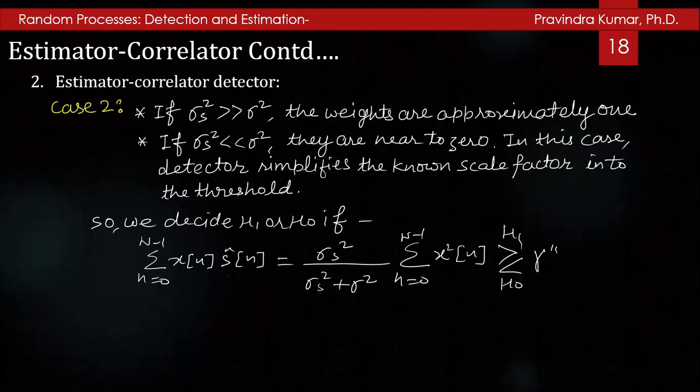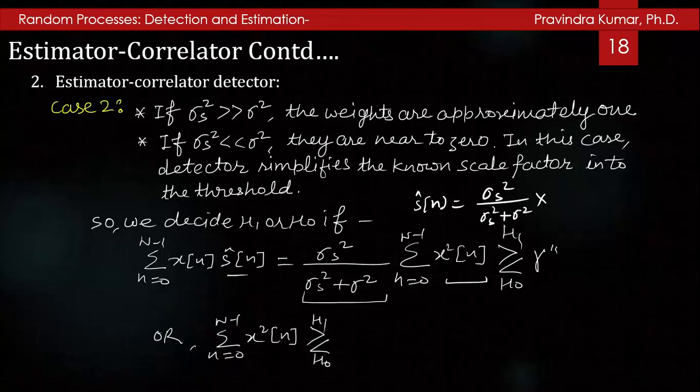Here, from the previous slide, you know S cap n is sigma S square by sigma S square plus sigma square into x. That's why we have written it in the form of sigma S square by sigma S square plus sigma square times the summation n from 0 to n minus 1 of x square n.